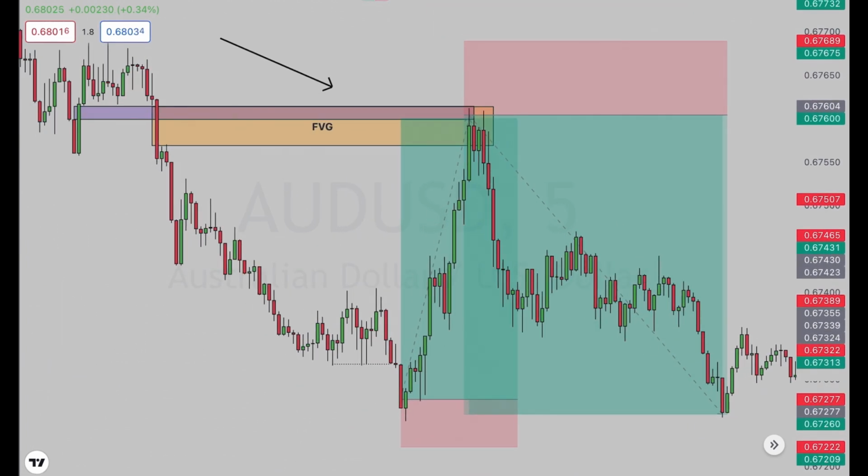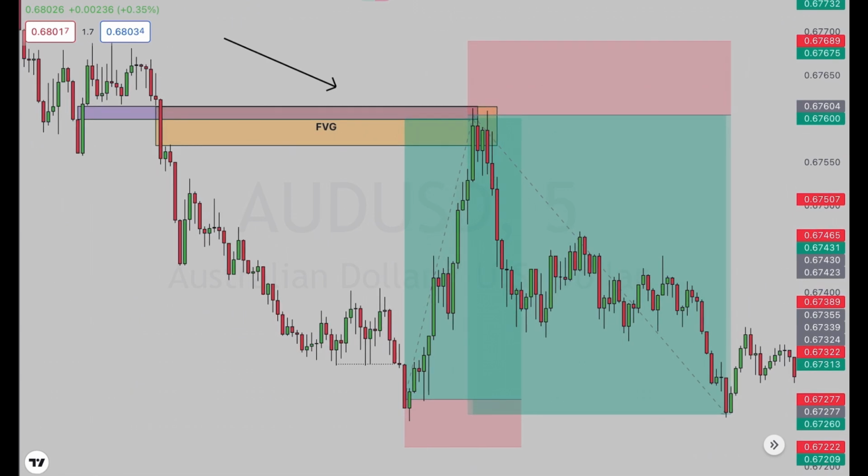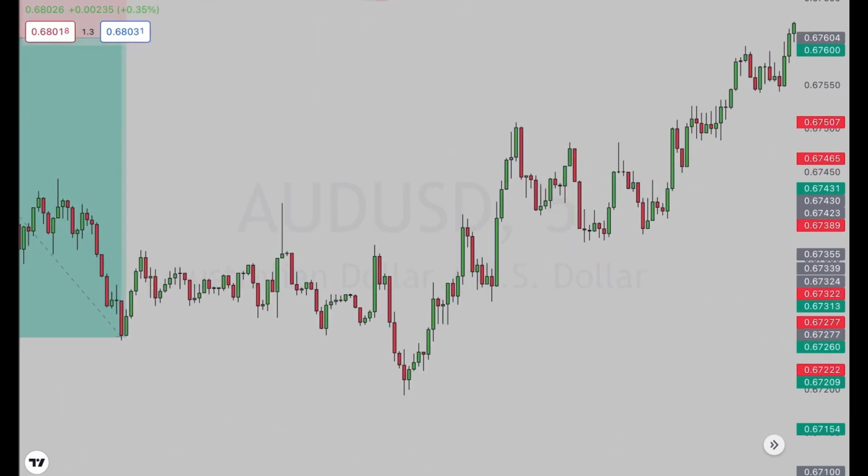This is a trade that you could take with fair value gaps, either the run up to the fair value gap or the run down from the fair value gap.